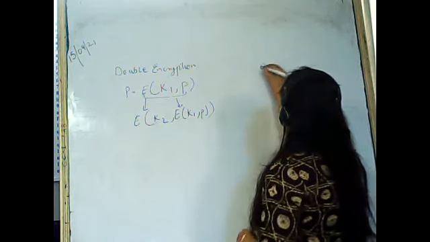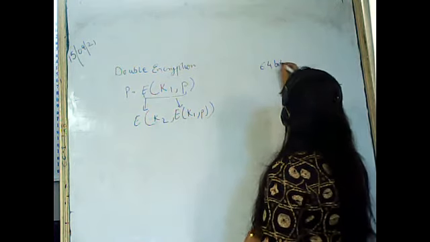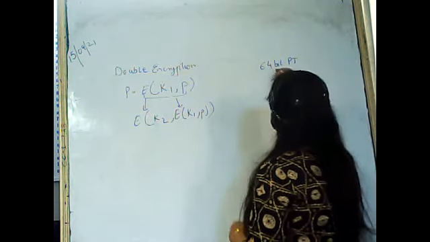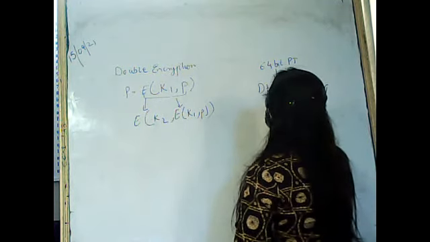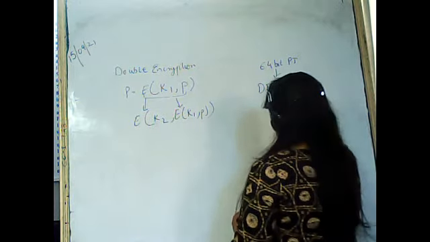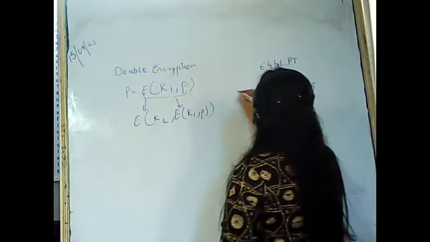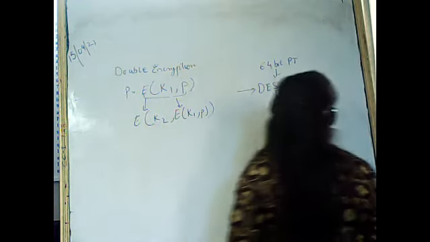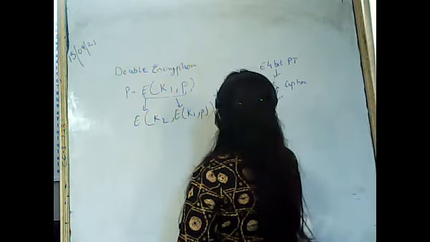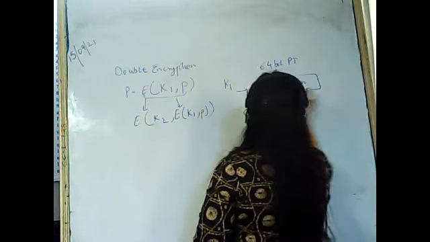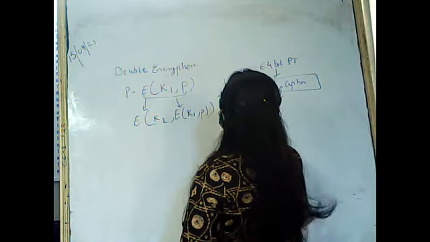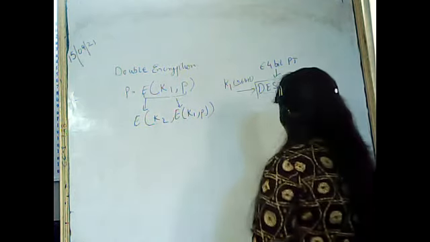Now, in diagrammatic form, we can show it like this. We have a 64-bit plain text, and we include the DES cipher. We implement this DES cipher by using a key, K1, which is of size 56 bits.